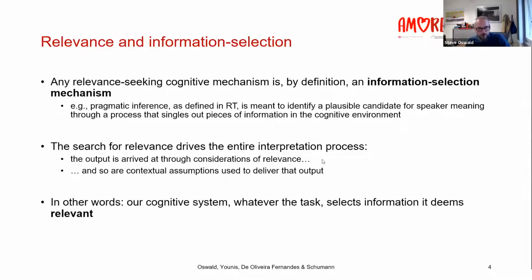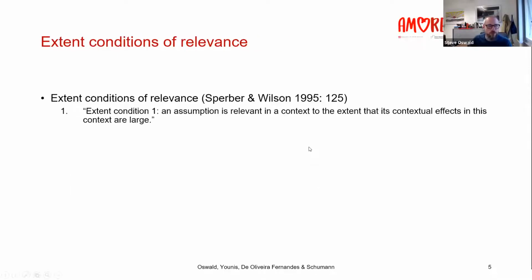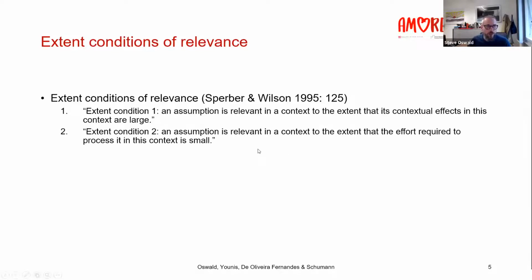So in other words, our cognitive system, whatever the task, selects information it deems relevant, at least so we can assume based on the cognitive principle of relevance. And the nice part about this theory is that it says that we have 2 criteria for this selection: the extent conditions of relevance, which are formulated as follows. An assumption is relevant in a context to the extent that its contextual effects in this context are large. And the second one has to do with processing effort.